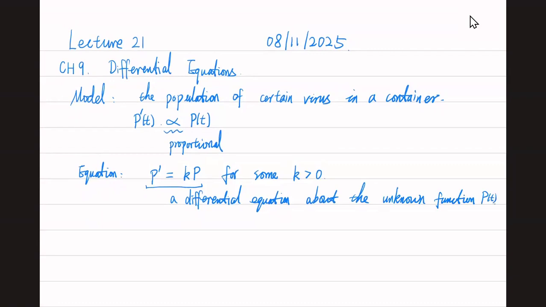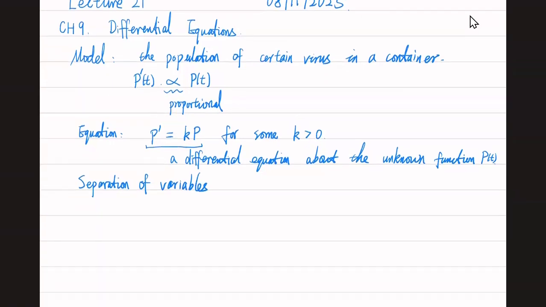Okay, so to solve this differential equation, we have the method of separation of variables. Can you see this clearly? You can read it? Okay.